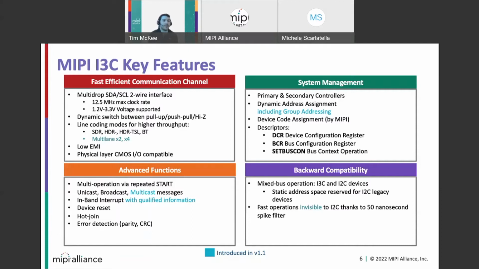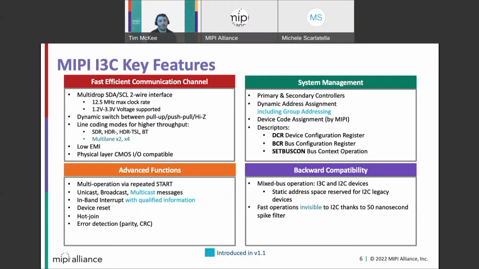We also have added optional support for multi-lane. So if the two-wire interface just isn't enough, there are optional support features to add that in. On top of that, we've added things like hot join, device reset, in-band interrupts, all sorts of different features to help system designers and help keep this bus as efficient as possible.